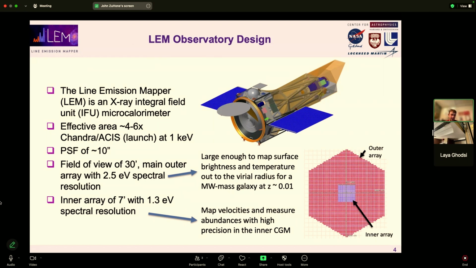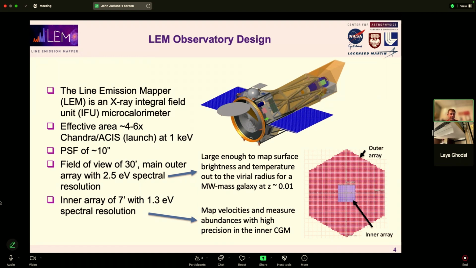So it has a much higher effective area than current instruments. It has a PSF of 10 arcseconds. The field of view of the main outer array, which is the thing you can see there in magenta-ish, the hexagon there, with 2.5 eV spectral resolution, is half a degree, and this is large enough to map surface brightness and temperature out to the virial radius for a Milky Way mass galaxy at z of 0.01. That's just a reference point.